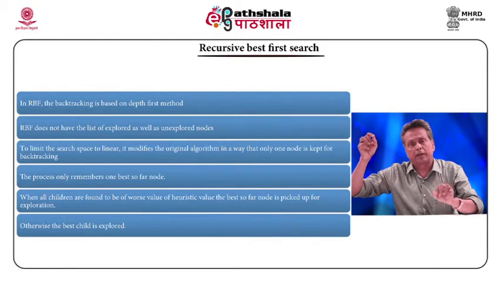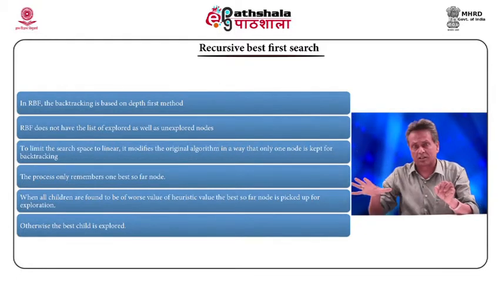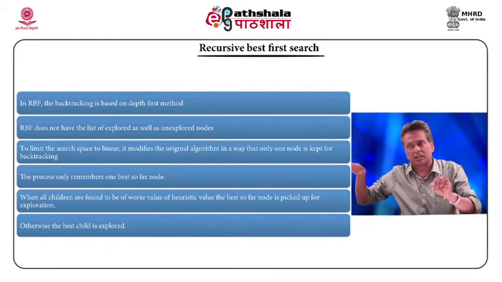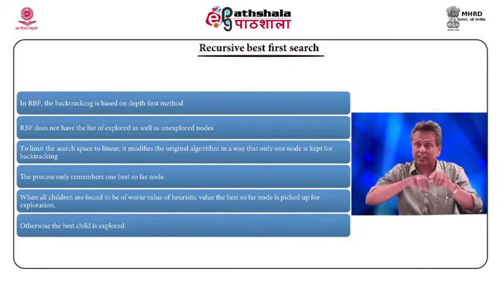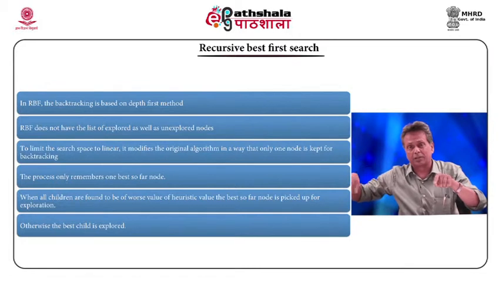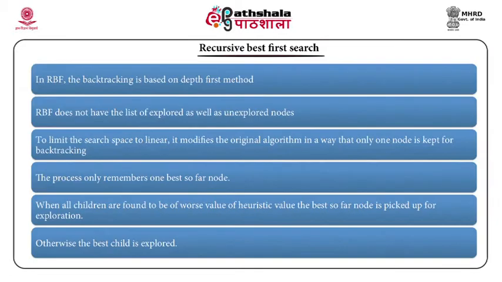So that is picked up as second best, and you explore this. When you explore this, you find that these children have much higher values than this, then you pick up this and start. And at this point of time, the best child of this becomes the second best. So you only keep two values, best and second best, and whenever you move from one value to the other, the best value becomes second best, and whatever value you move to becomes the best. Okay, so that's how it proceeds further.